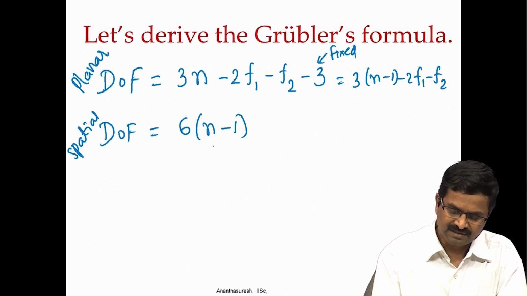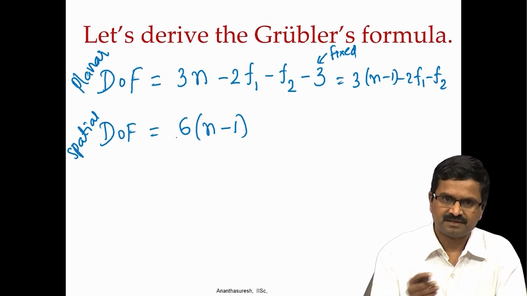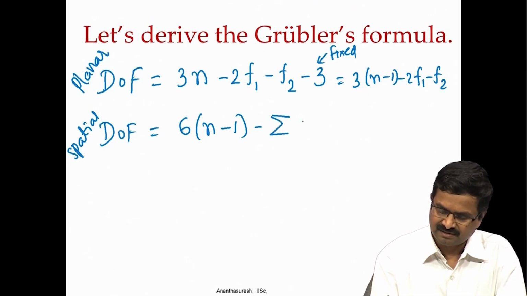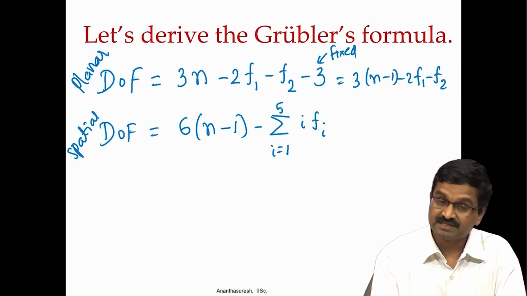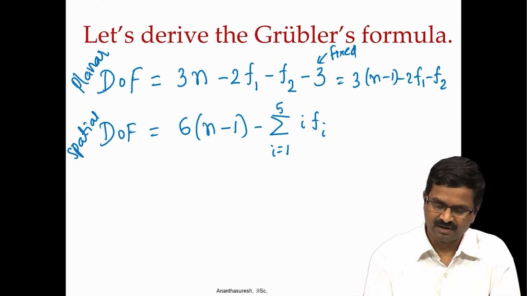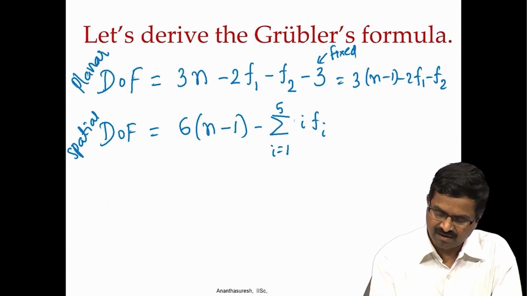If there are n bodies, 1 we subtract because that is fixed, and 6 is what each body has, and then I can just write it as i into Fi, where i goes from 1 to 5, not 6, because a 6 degree of freedom joint does not make sense, it is no joint at all. So, whatever we have here minus 2 F1 minus F2, this should be 6 minus i.